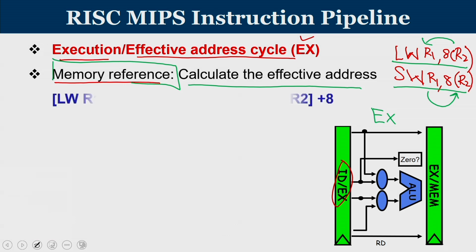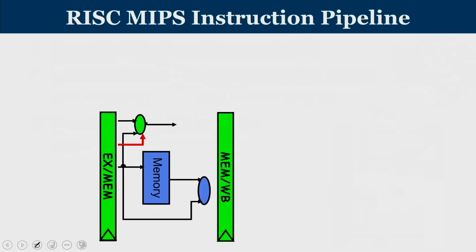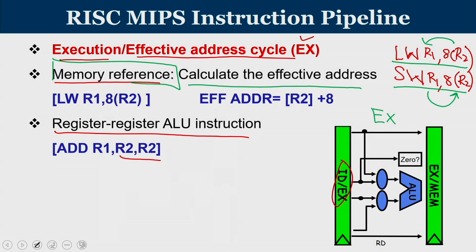Whereas, if the operation is a register ALU operation, like what we have seen, like add R1, R2, R3, then the content of R2 is added with the content of R3 here.